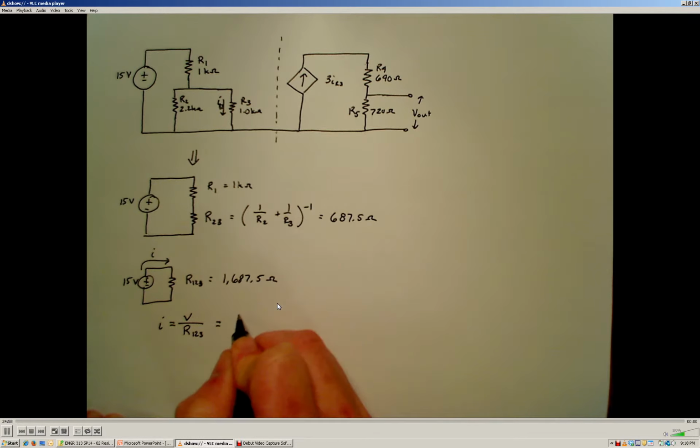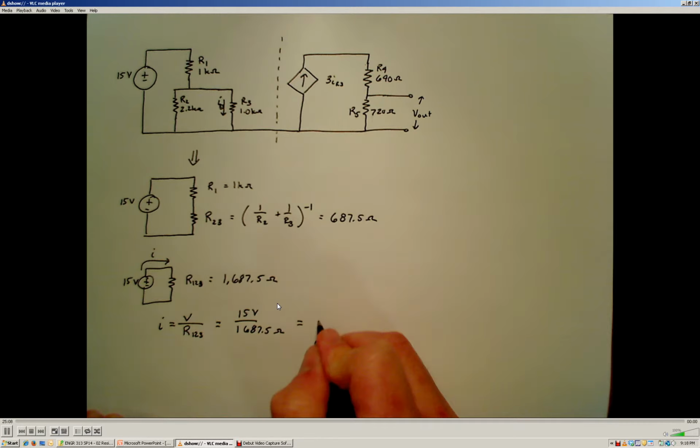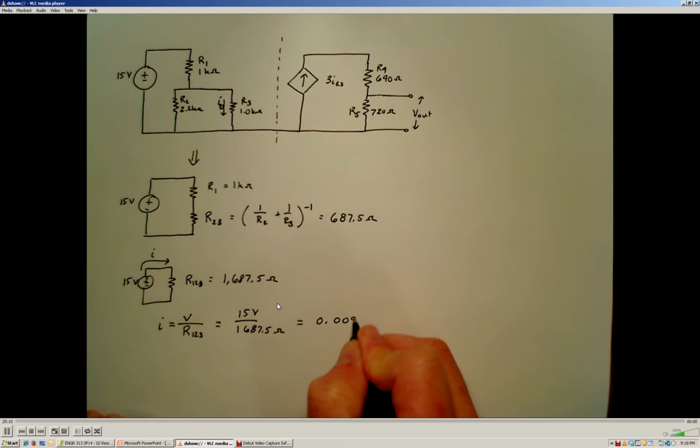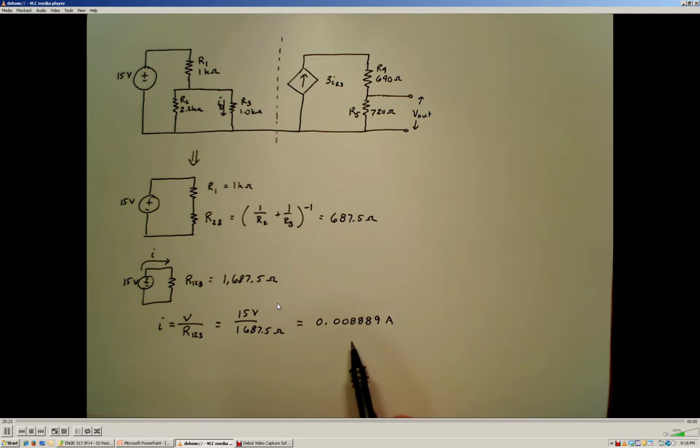So that will be 15 volts divided by 1,687.5 ohms, which gives us a current value of 0.008 repeating. I'm going to truncate that there, carrying a few extra significant digits to make sure our calculations are precise.